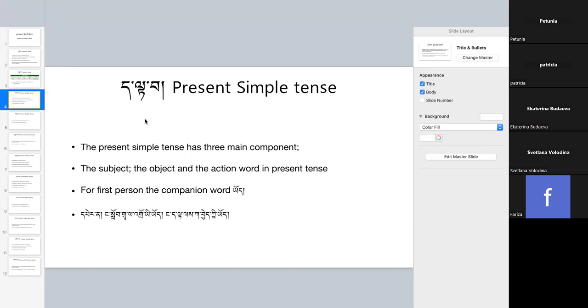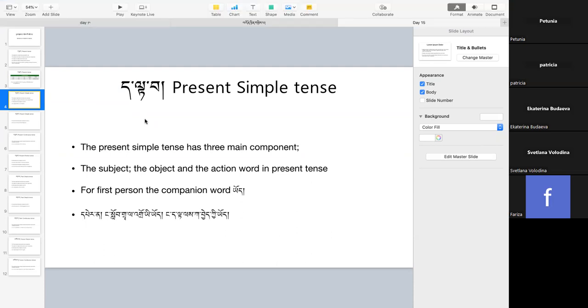For first person, the companion word. So when we are stating a present action for the first person, we use the word yu at the end. For example, nga lobta la troi yu.